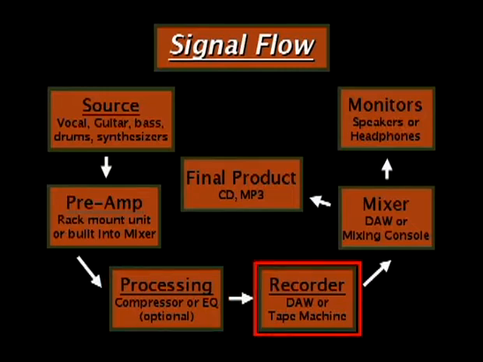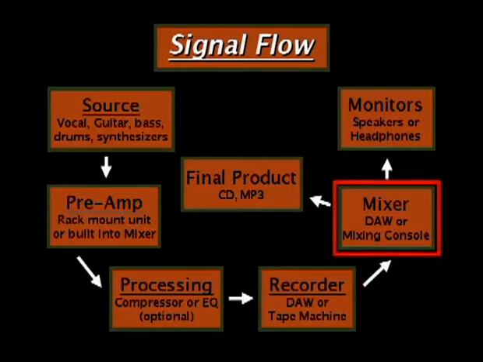Now, currently, most people are using digital audio workstations as their recording device and their mixing device. But if you're old school, you might be using a tape machine like a 24-track tape machine or an 8-track tape machine. Now, from your recorder, you're actually going to go out of the recorder into your mixer. And your mixer, once again, could be a digital audio workstation or a mixing console.